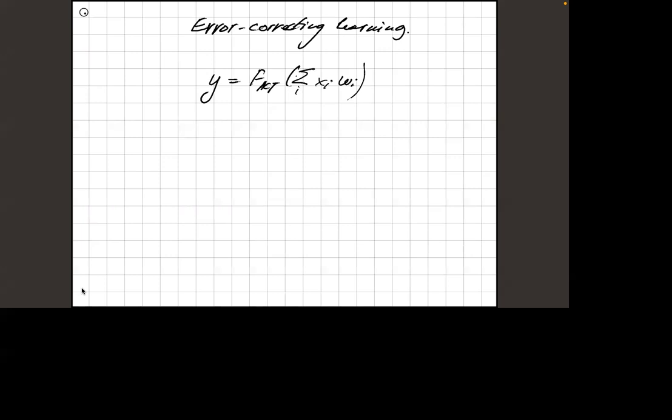You need to have two things. You need to evaluate how good your score is, and secondly, you want to check how the score is sensitive to the change of weights. So how changing a single weight, or each and every weight, will result in the change of y. So we first talk about the second part.